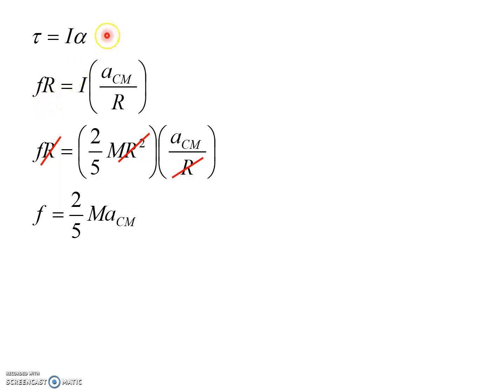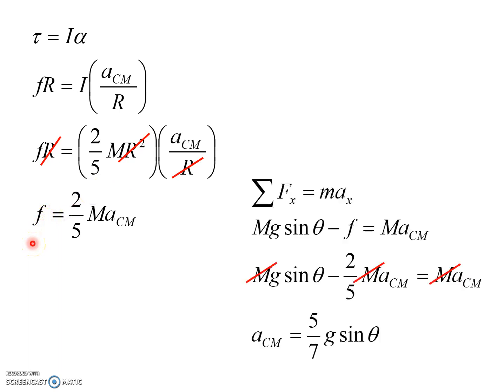Alpha, the angular acceleration, is replaced with a_CM over R. Then we have I for the sphere, which is 2/5 M R squared, and we cancel all the R, and we have the expression for the friction force. We apply Newton's law in the x direction, so we have M g sine theta minus f equals M a.